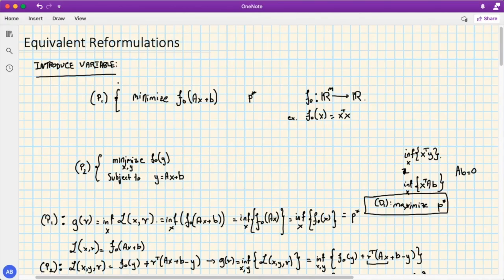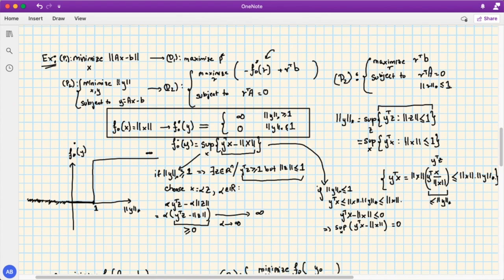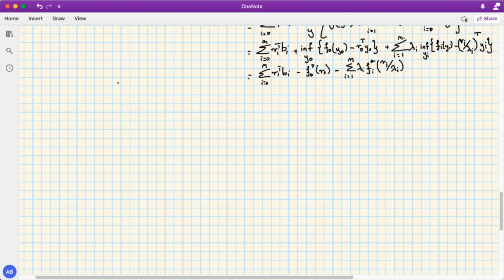Now, of course, there are other ways of formulating equivalent problems, such as transforming your cost function into something that is proportional to it. Like if you're maximizing f0, and you instead maximize f0 squared, intuitively it's the same thing, because if you maximize an increasing function of the cost, then you're maximizing the same thing.